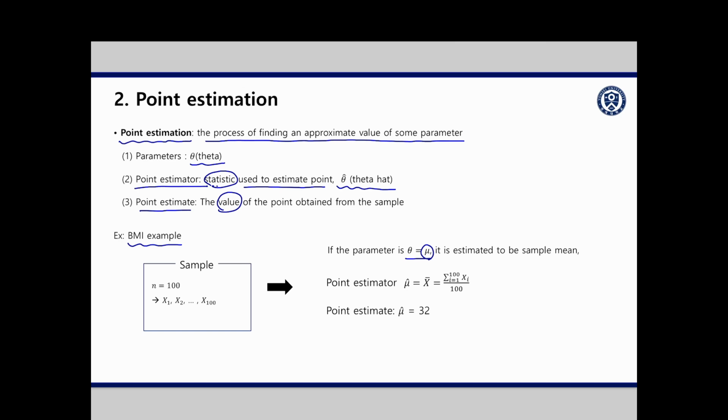In a sample of 100 people, the point estimator mu hat is the sample mean x bar, equal to a function of the sample. When you have the sample data, you can have the point estimate mu hat equal 32 kilograms per square meter.